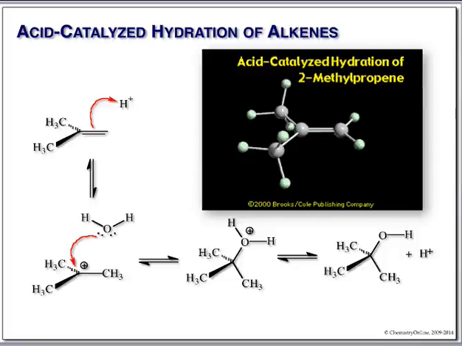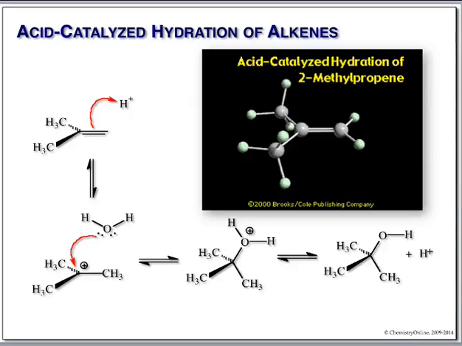Primary center, secondary center, tertiary center. Proton adds here. This is our most stable carbocation. Once we have that, water or hydroxide will simply add, lose a proton, and this is our product. We'll do a reaction very similar to this in lab in just a little bit.